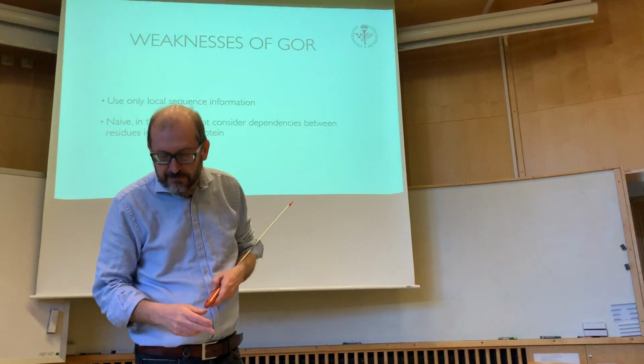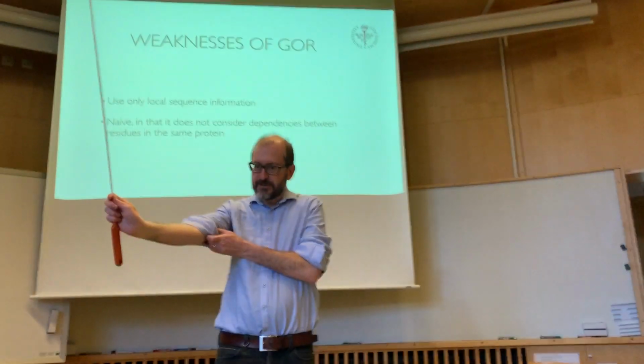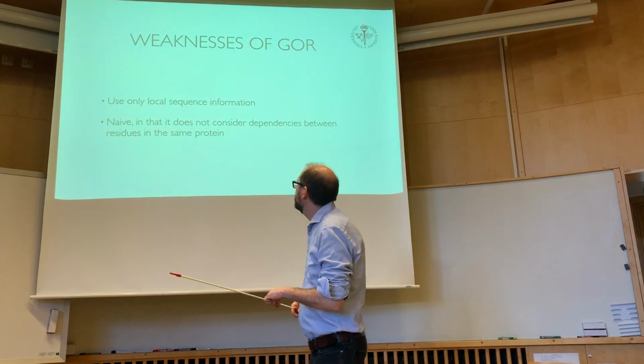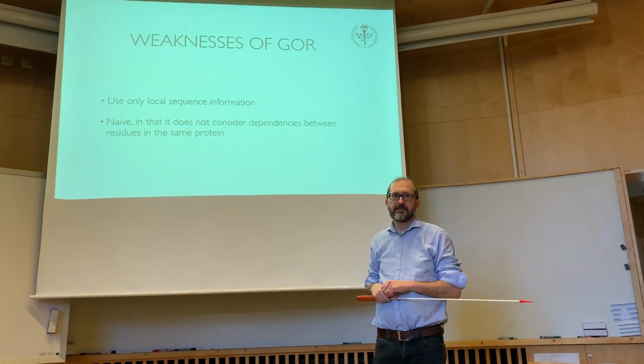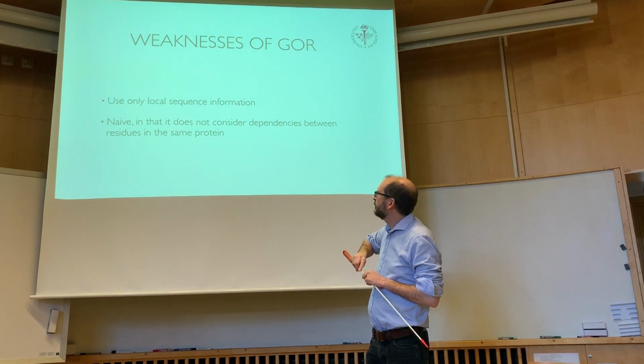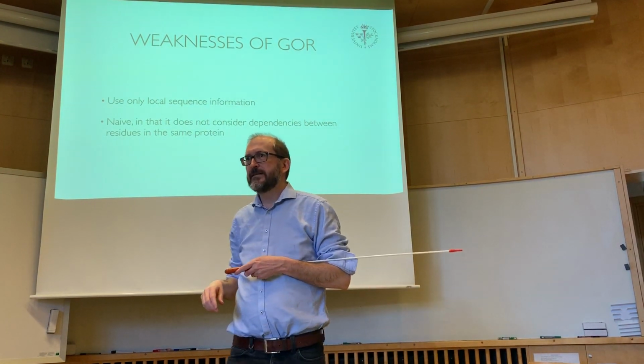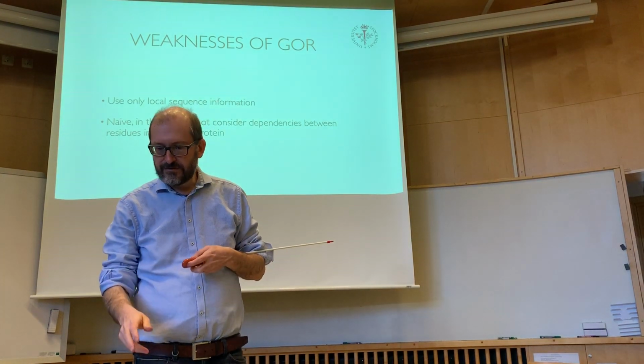Yeah, and so we're going to talk about how we can get over this assumption. That makes two assumptions that GOR has that weaken it. It uses only local sequence information, and it doesn't consider pairwise dependencies even within the 17 residues.